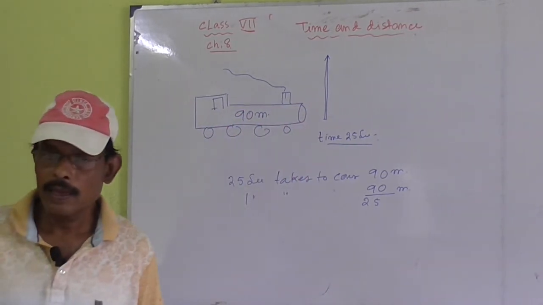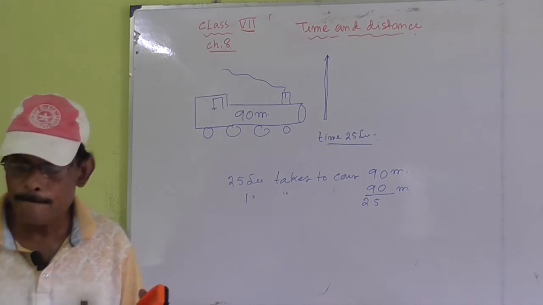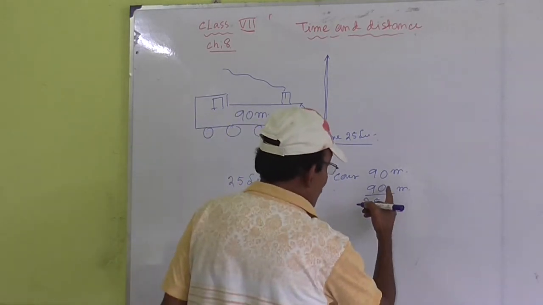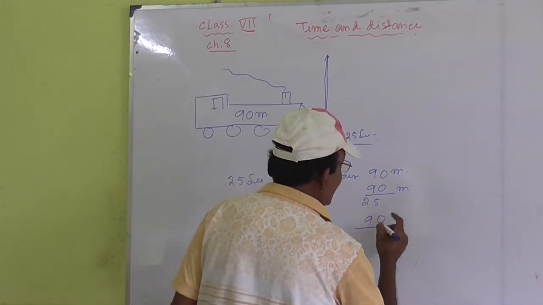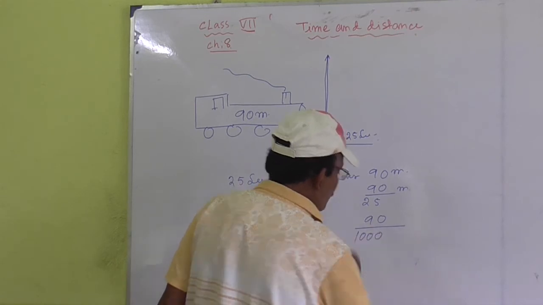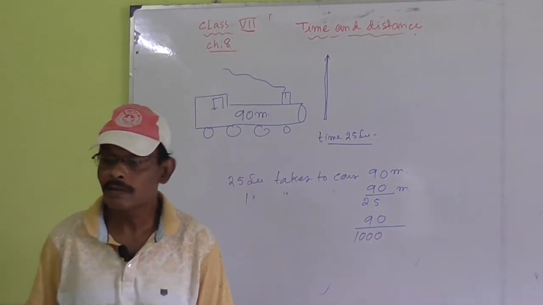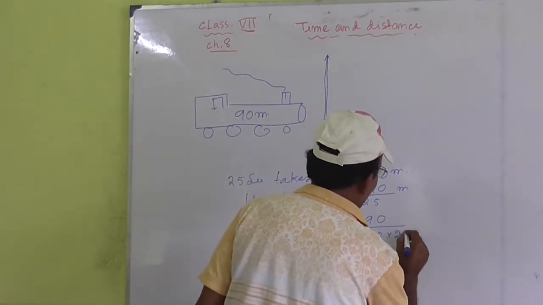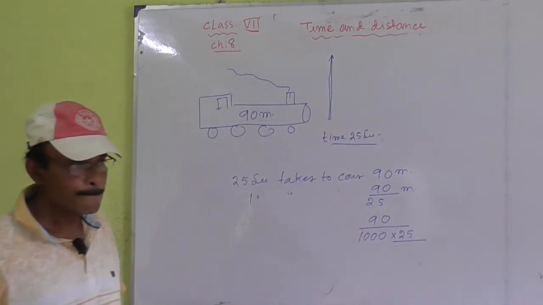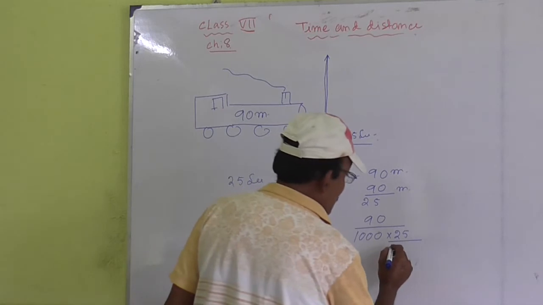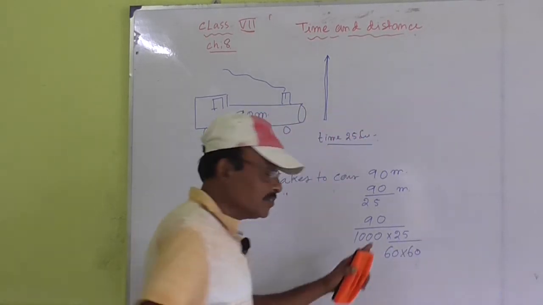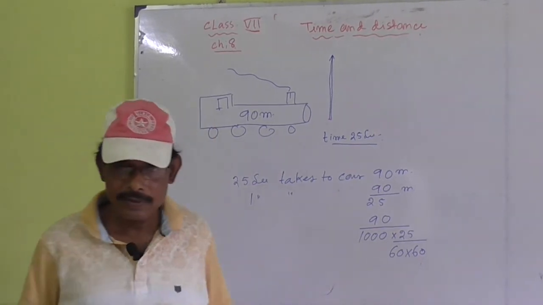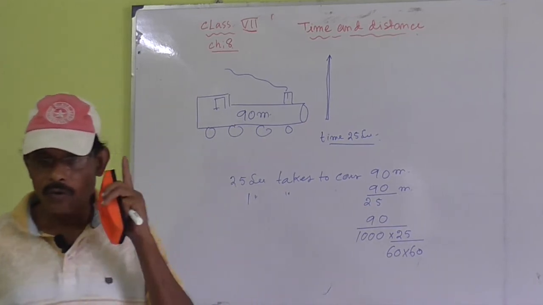If this velocity is to be in kilometer per hour, so meter divided by 1000 gets kilometer, okay, and second divided by 60 and 60. Why 60 and 60? 60 seconds make 1 minute and 60 minutes equal to 1 hour.